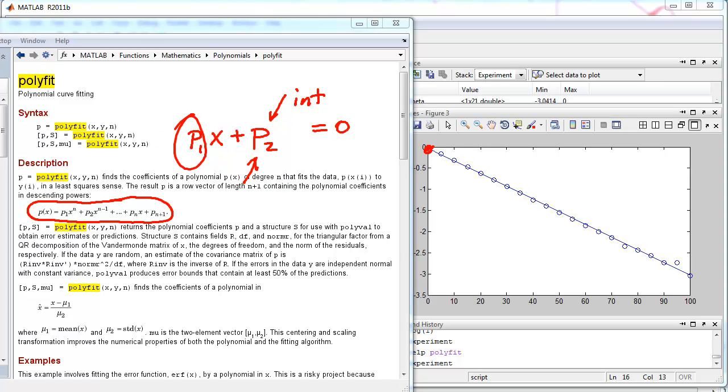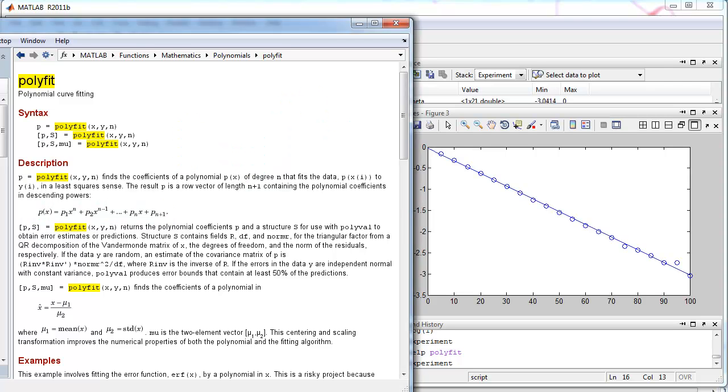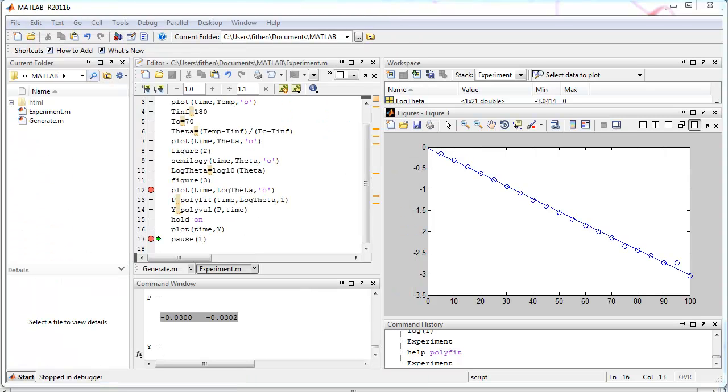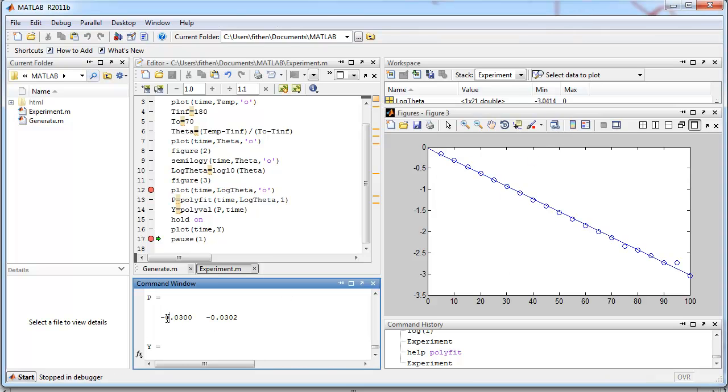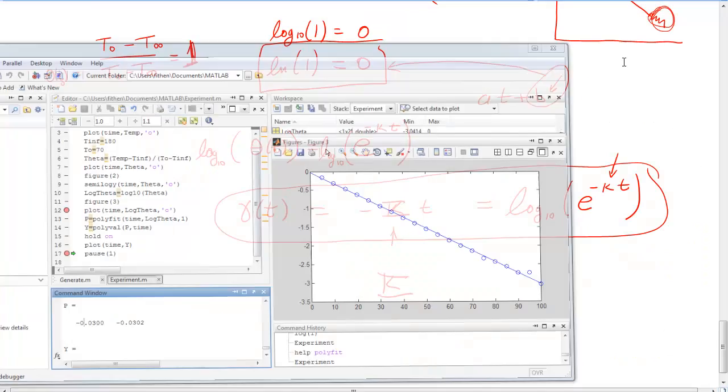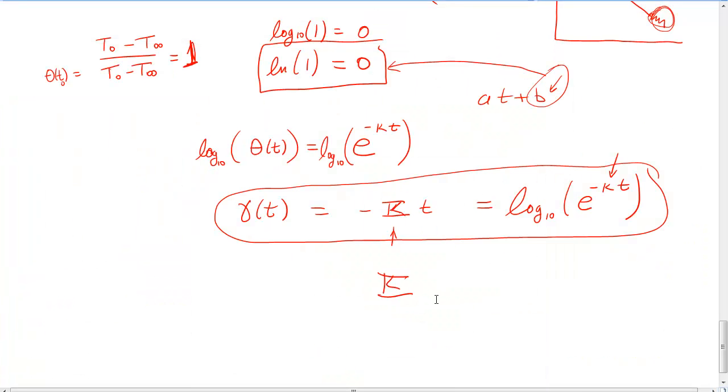Let's take a look at it. Pull it back out. Okay, so my first number back there is 0.03. So this means that I get minus 0.03 t is equal to log base 10 of e to the minus kt.